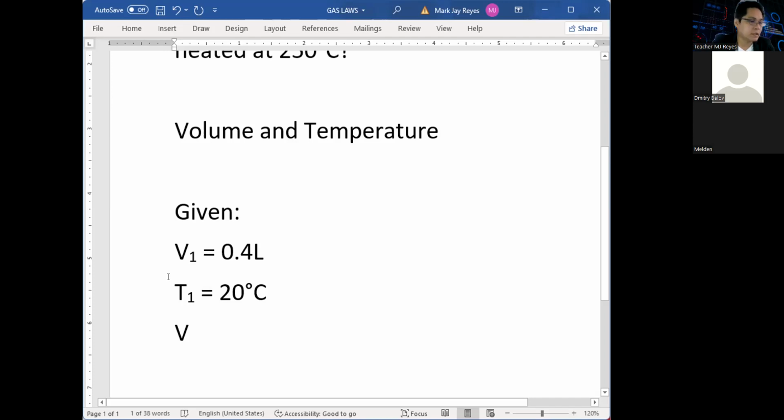But in Charles' law, the formula for the relationship between volume and temperature, since they are directly proportional, is V1 over T1 is equal to V2 over T2. Meaning both are equal. Let's take a look at this one.